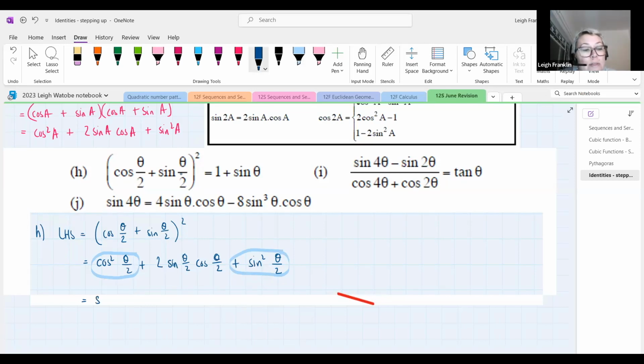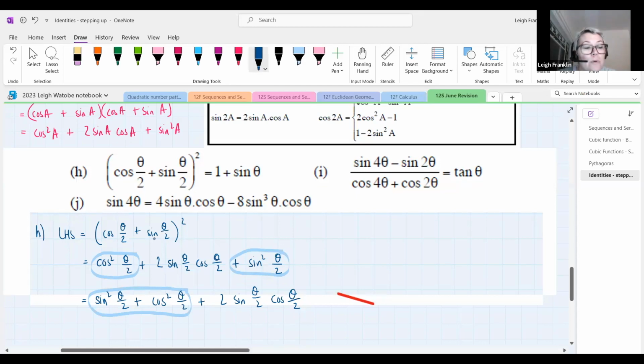So sine squared theta over 2 plus cos squared theta over 2. You don't actually have to do this step, I'm just putting it in here. This is the 1, so that's where the 1 comes from, right?